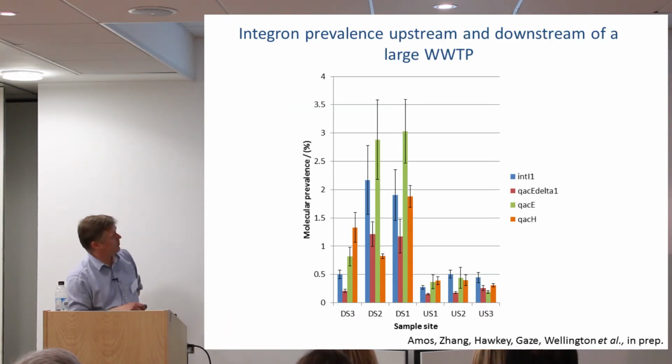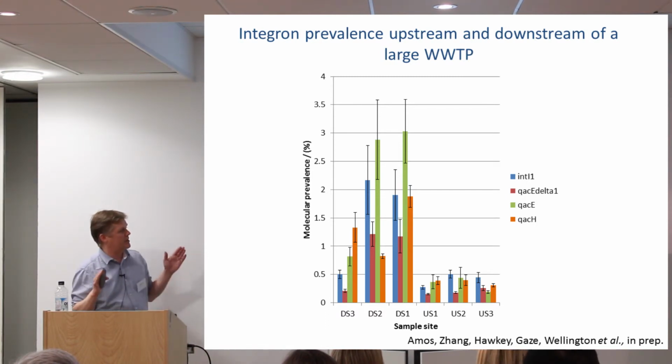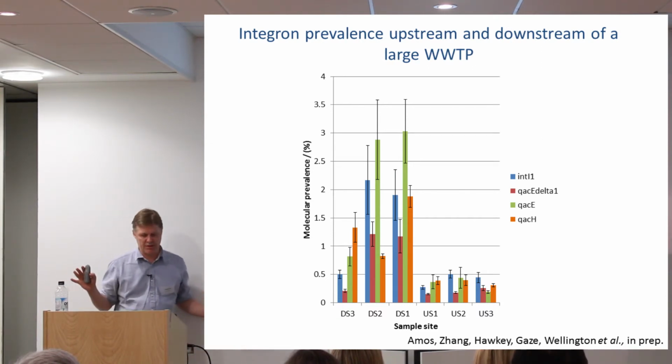So this is another graph which shows the same upstream and downstream from a wastewater treatment plant. These are the downstream samples, these are the upstream samples. This is molecular prevalence, so in all of those billion bacteria per gram, one doesn't sound very many, but that's 1% of a billion per gram, are carrying these class 1 integrons, which are mobile genetic elements which can integrate not only biocide resistance genes, but a whole range of antibiotic resistance genes.